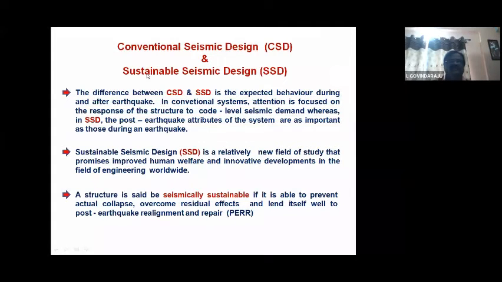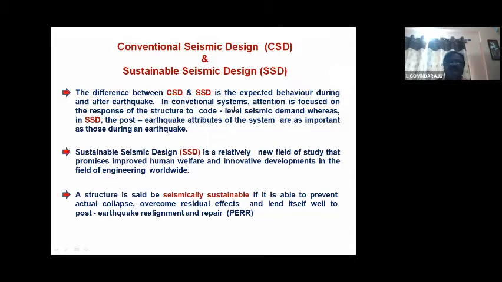But what we need is sustainable seismic design. This is the need of the day. To tell you precisely the difference between conventional seismic design and sustainable seismic design is the expected behavior during and after an earthquake.